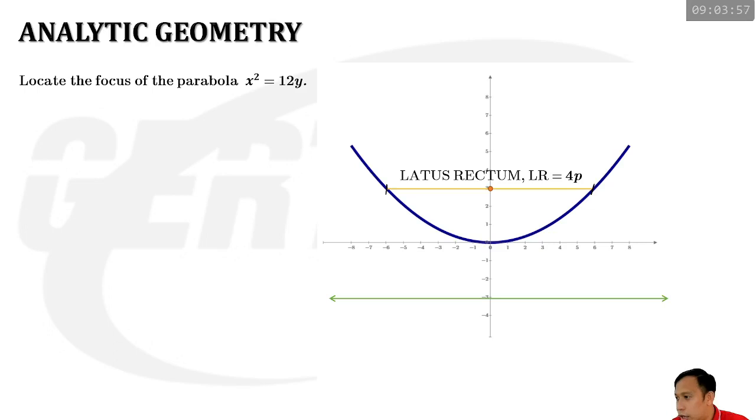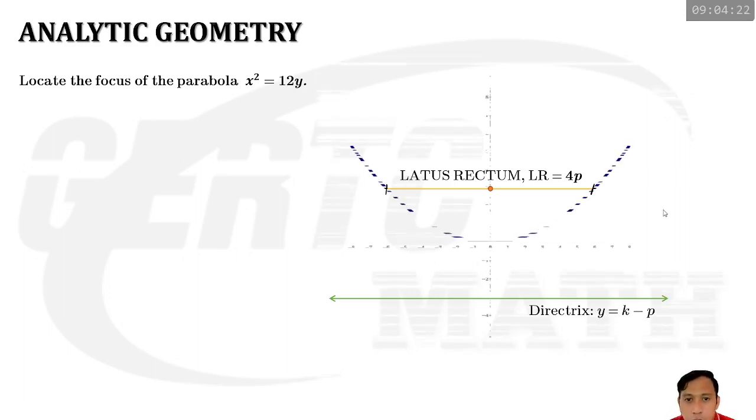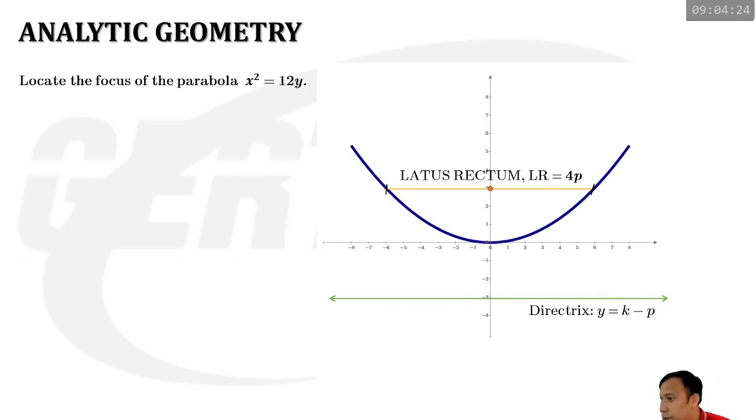Ito naman, the directrix, okay? This has an equation naman equal to either y equal to k minus p or plus p, depende kung ano yung opening. In this case, dapat minus, and that is at a distance p from there.